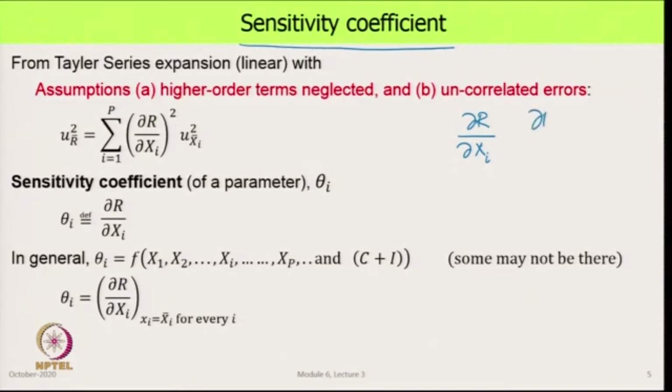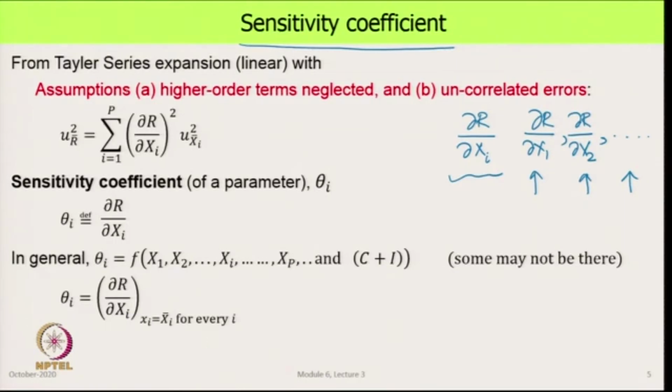So, we will have one function which will be dR by dX1, another function which will be dR by dX2, and so on. So, we generate that many functions. This was a form which was coming on the right side of that equation and coming everywhere. So, this has a lot of implications, and this is where we define it as the sensitivity coefficient.